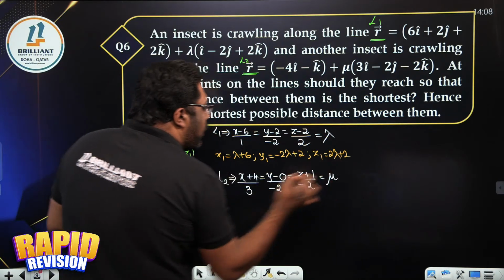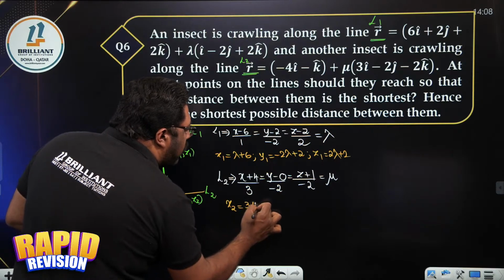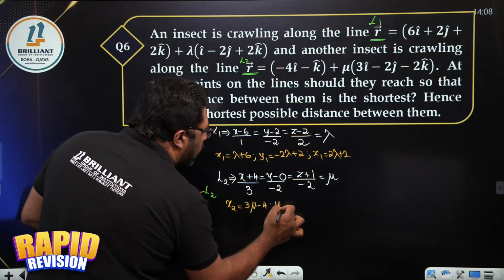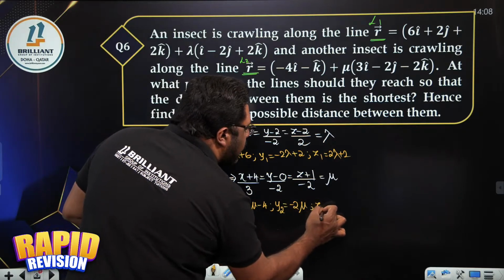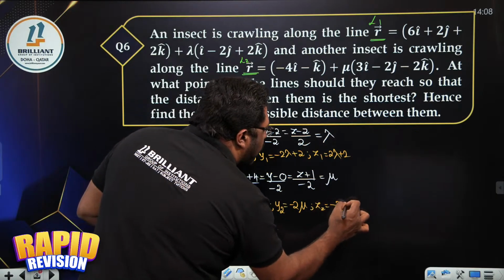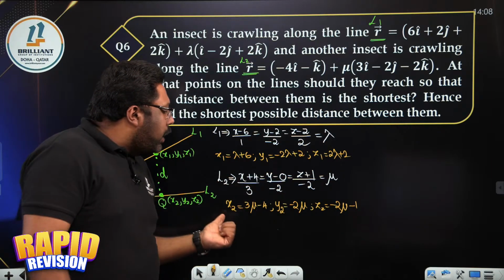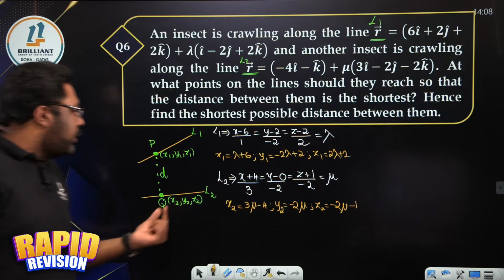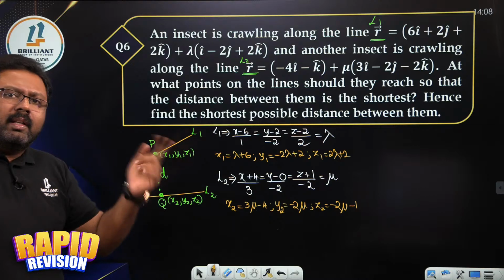Now I can say the coordinates of the second point are x2 is 3 mu minus 4, y2 is minus 2 mu, and z2 is minus 2 mu minus 1. I got the points x1, y1, z1, x2, y2, z2, but in terms of lambda and mu, I have to now somehow find lambda and mu.